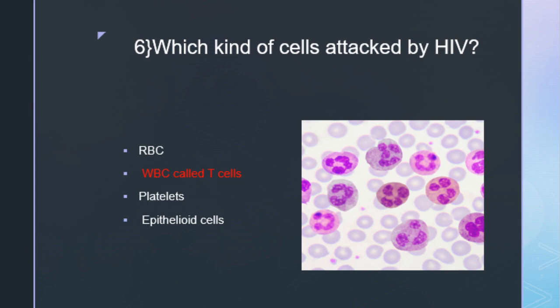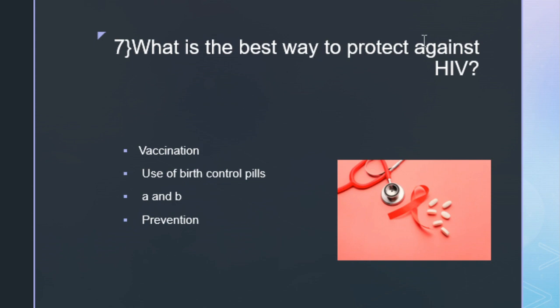The next question is, what is the best way to protect against HIV? First option, vaccination. Second, use of birth control pills. Third, A and B. Fourth, prevention. As the HIV virus mutates very fast, there is no vaccine for it.